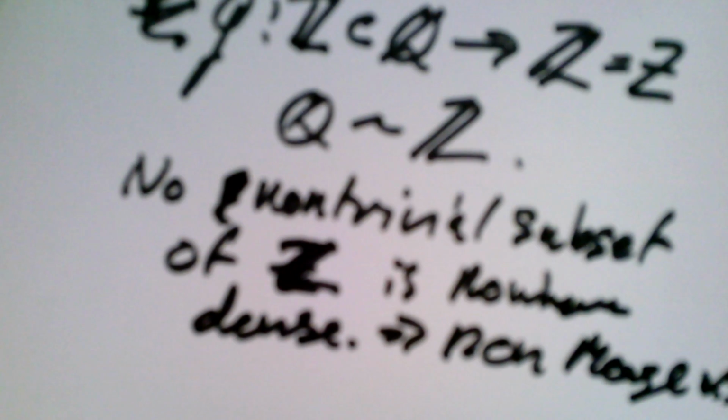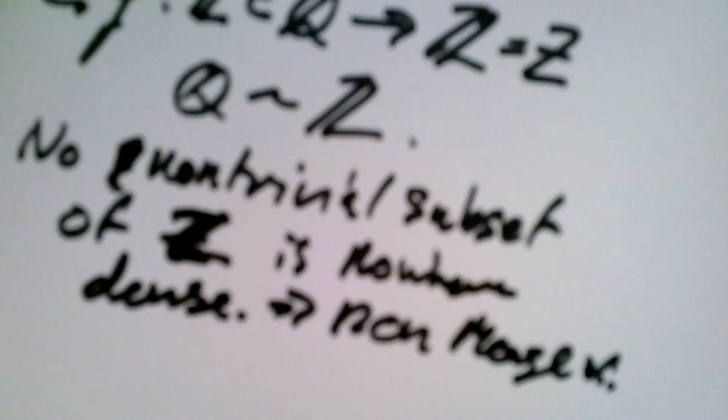Well, take every proper subset of Z, that is, it's at least one point smaller than Z. There's at least one point of Z that's not in it. Its complement is, well, at least that point that's not in here.